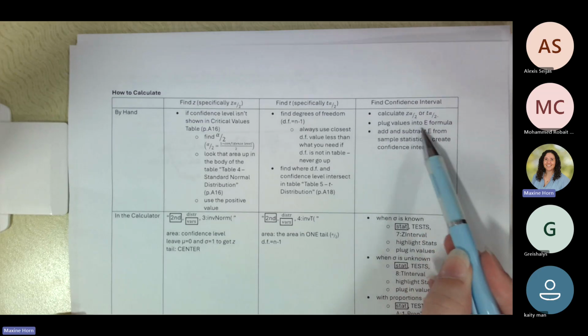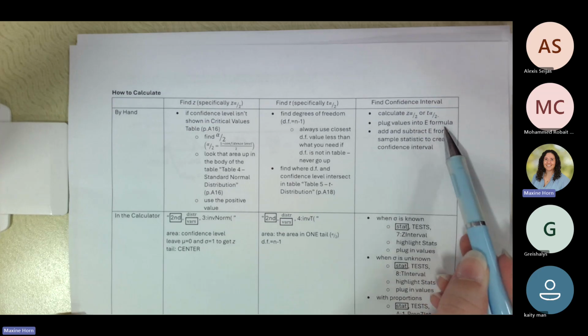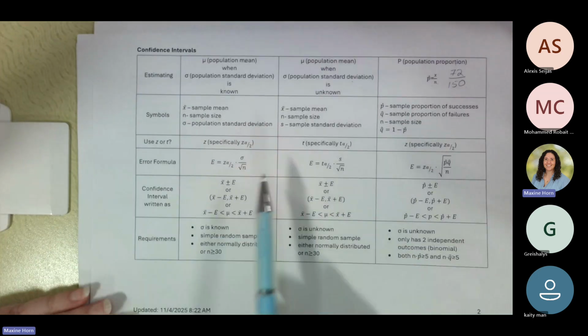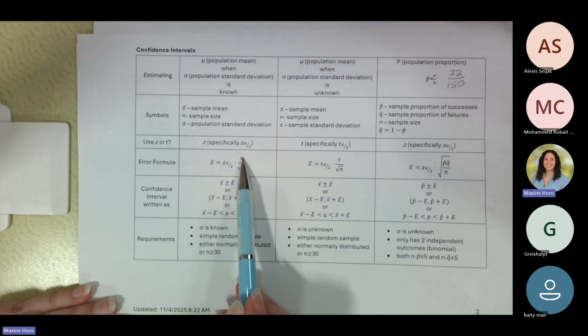Now we're going to plug that value and the other numbers that we need into our margin of error formula. Okay, so what's our margin of error formula? Our margin of error formula right here, z alpha halves times population standard deviation over the square root of n.